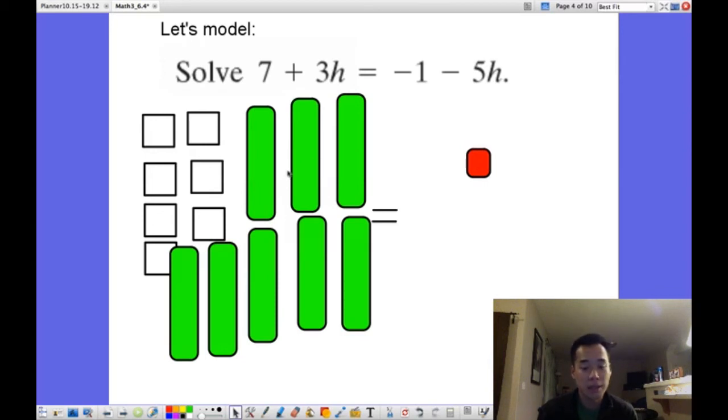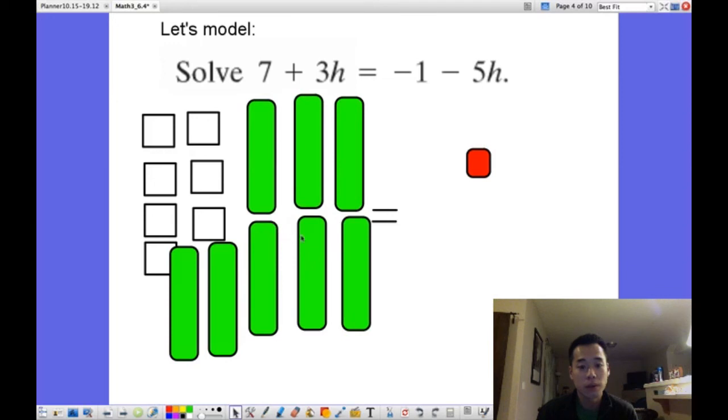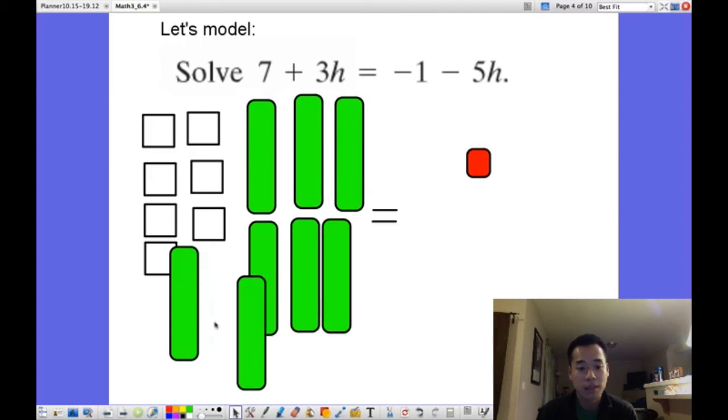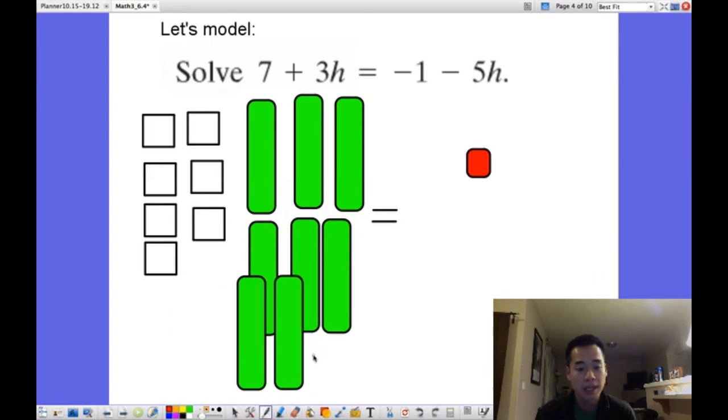On the left-hand side of the equal sign, now I have 1, 2, 3, 4, 5, 6, 7, 8 green bars. So in other words, I have a positive 8h. And I have positive 7 plus 8h is equal to negative 1.